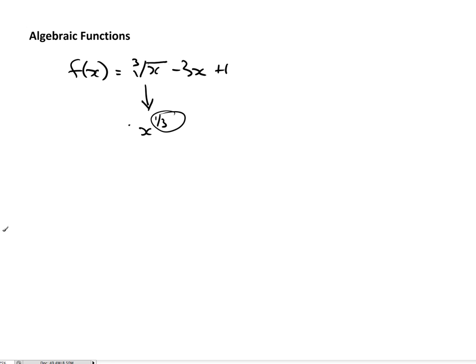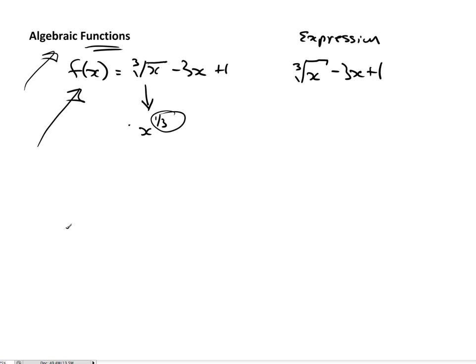It's an algebraic function. If I simply write the cube root of x minus 3x plus 1 and not as a function or equation, then this is simply an algebraic expression. This is a function because it's written in function notation.